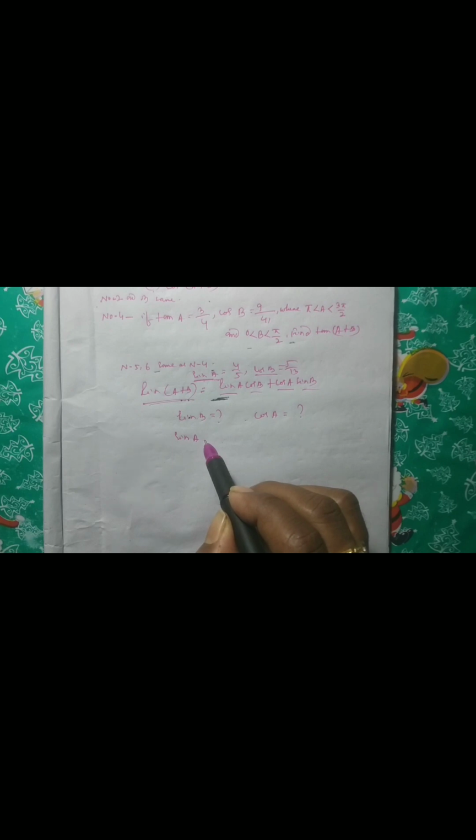How will we find them? If sin A is given, how will we get cos A?